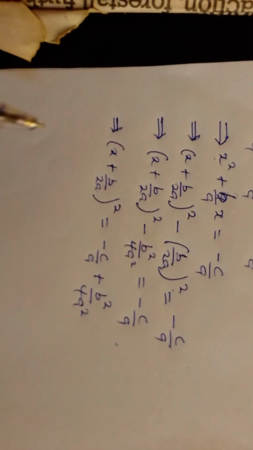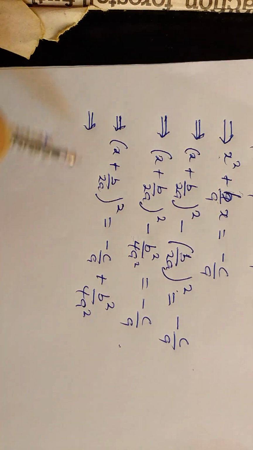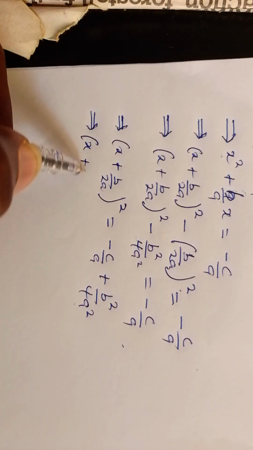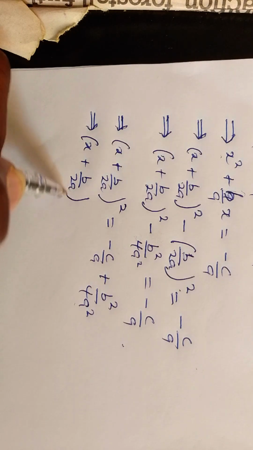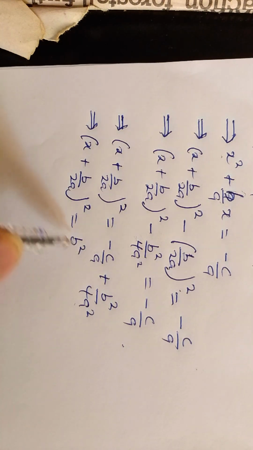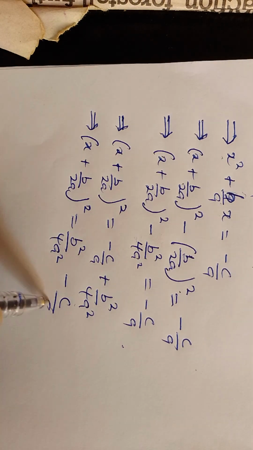Alright, so now what else can I do here? I would like to place the positive number in front, so I will rearrange this. I will be having x plus b over 2a squared equals b squared over 4a squared minus c over a.